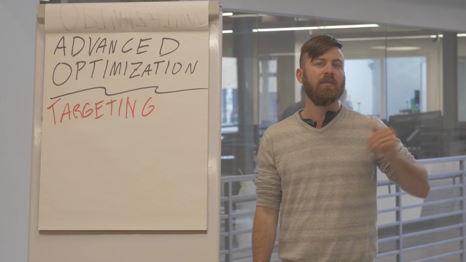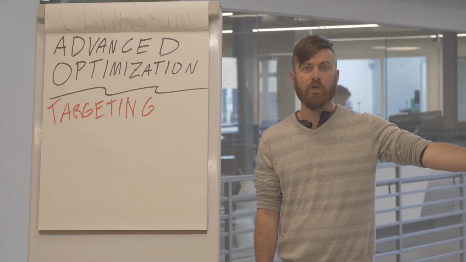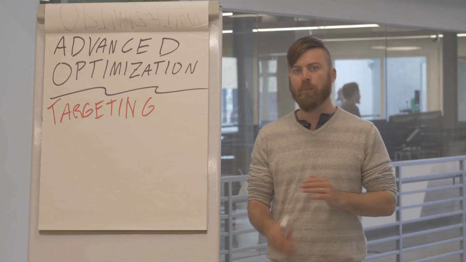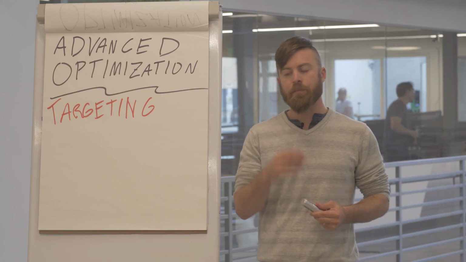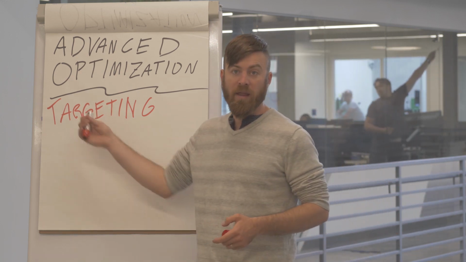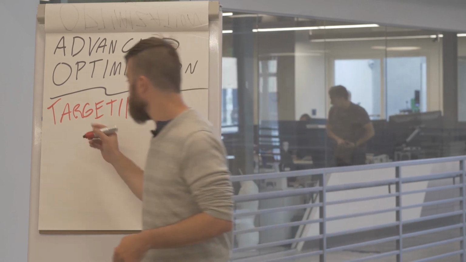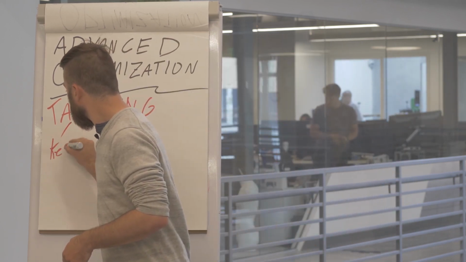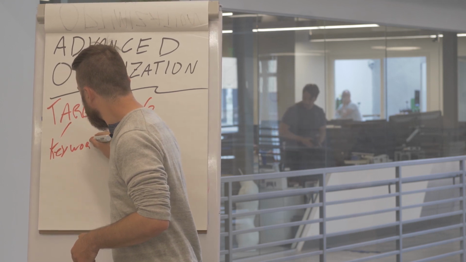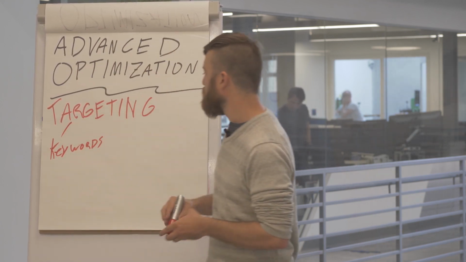They just want to be hired and given direction. So it's going to be a different person in each of these cases. So, one layer of targeting that you can optimize by is keywords.